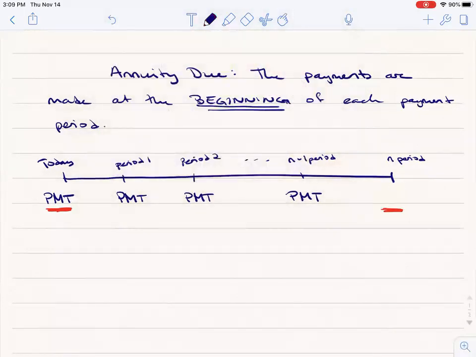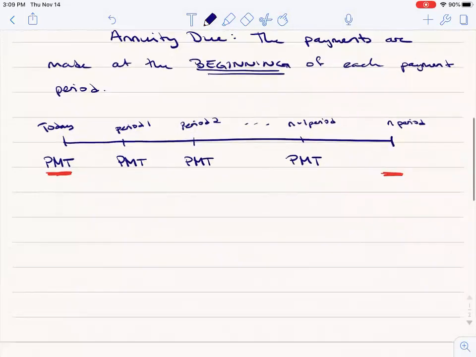So if we have an annuity due like this, then we can still calculate a future value, for example. But if we imagine adding another tick mark at today minus one period, whatever the period is, and we ended it here, now this would be back to an ordinary annuity.